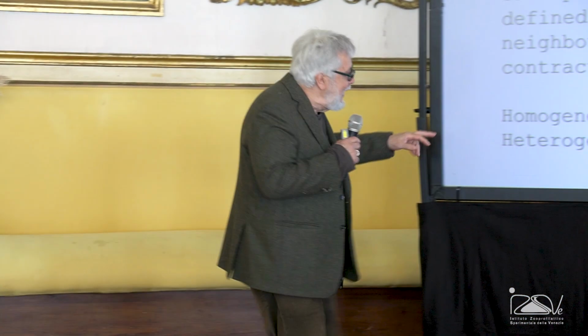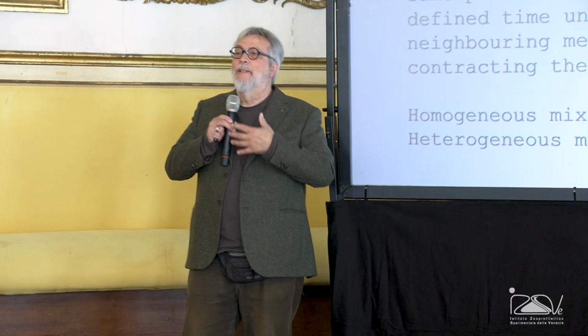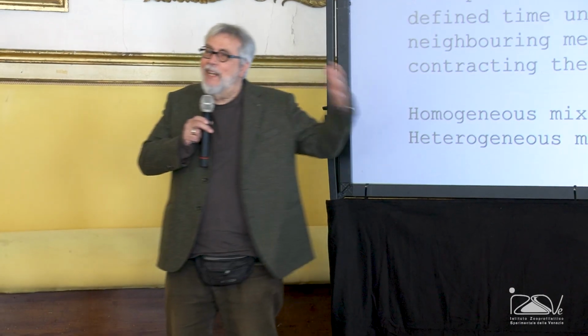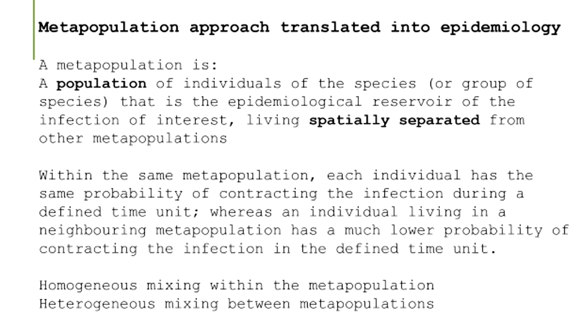Quite easy. What does it mean? That the veterinarians live in homogeneous mixing, we mate among them, and the botanists mate among them. And this is important because we can understand that there is a population, or a part of a population, that are living together and are spatially separated from other metapopulations.